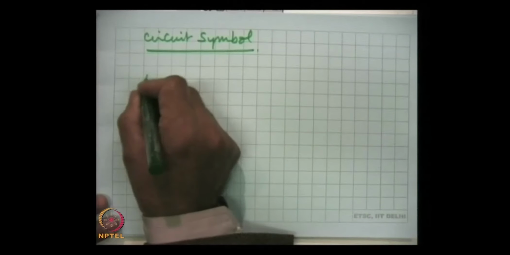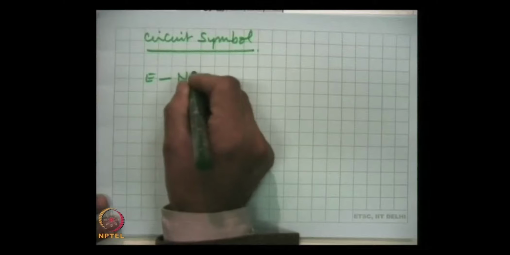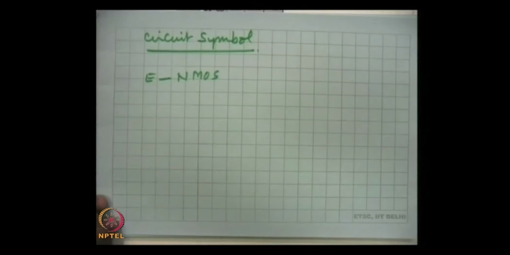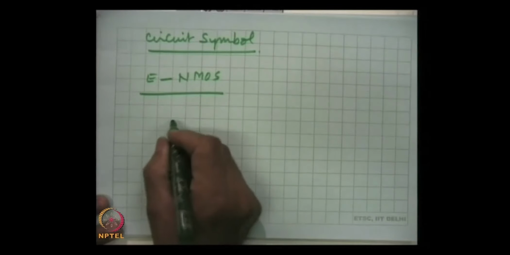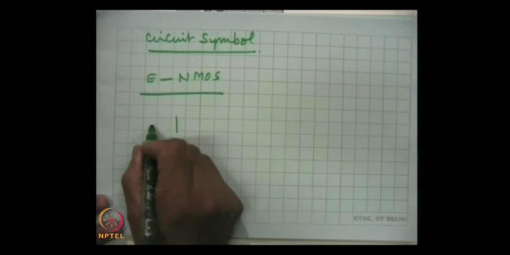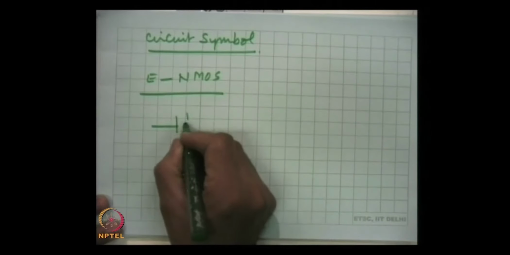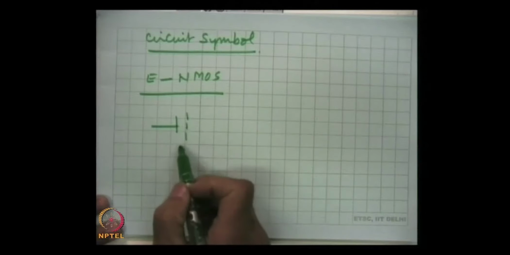So, popularly it is known as NMOS, for enhancement n type MOSFET. In brief this is written as E n MOS, and the circuit symbol has this perforation in the drain source.